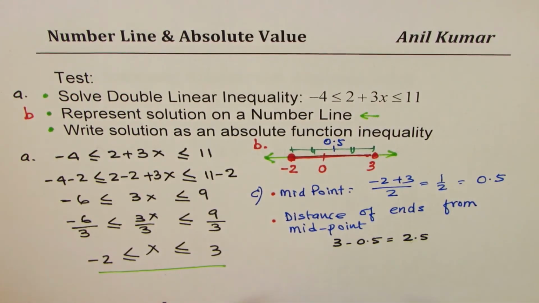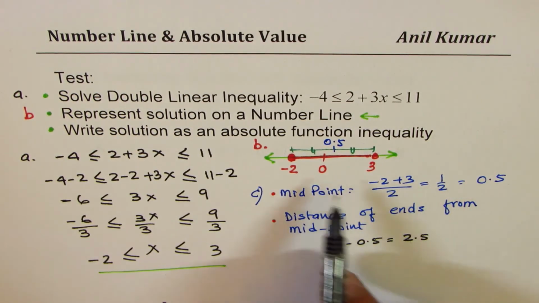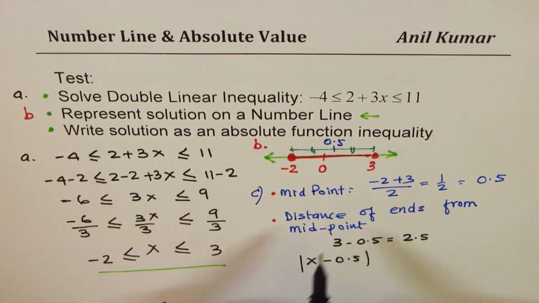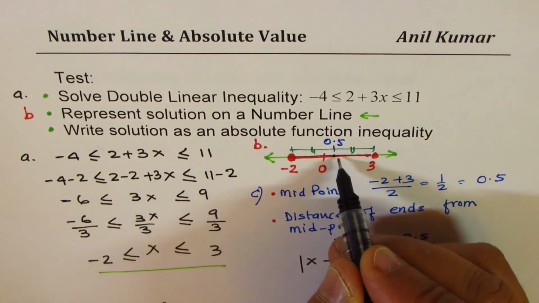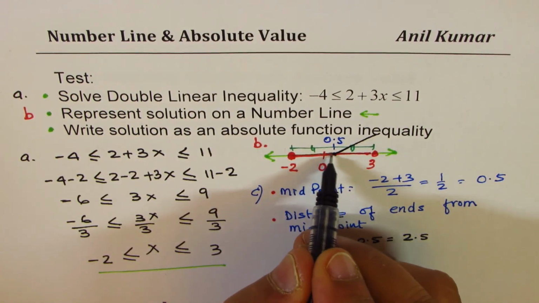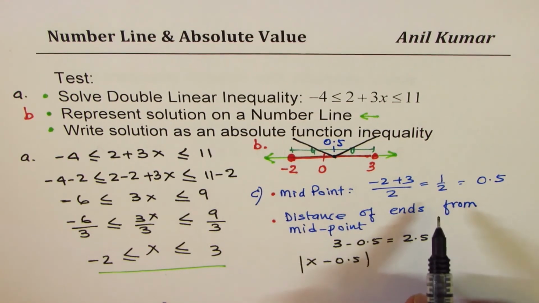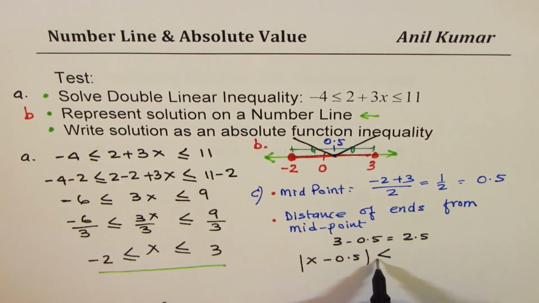So let's calculate. You can calculate this as the difference of 3 with the midpoint. So it is 3 minus 0.5. That gives you a difference of 2.5. That really means that the absolute function is moved to 0.5. So we have x minus 0.5.